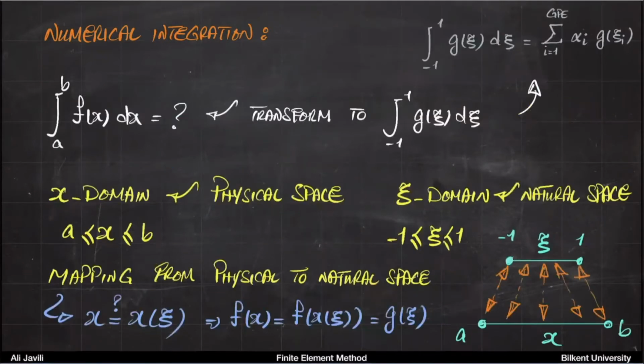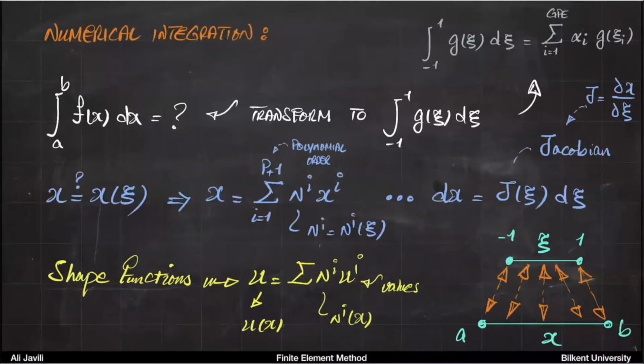Now, using the integration that we learned, we can integrate a function that is written in terms of xi, from -1 to 1, which we call natural space. But then, of course, you need to integrate in a physical space. In order to do that, you construct this mapping between the two spaces, and that mapping is usually called the Jacobian.